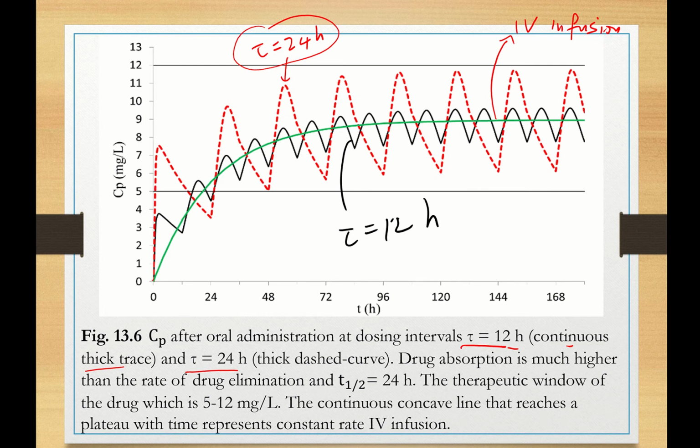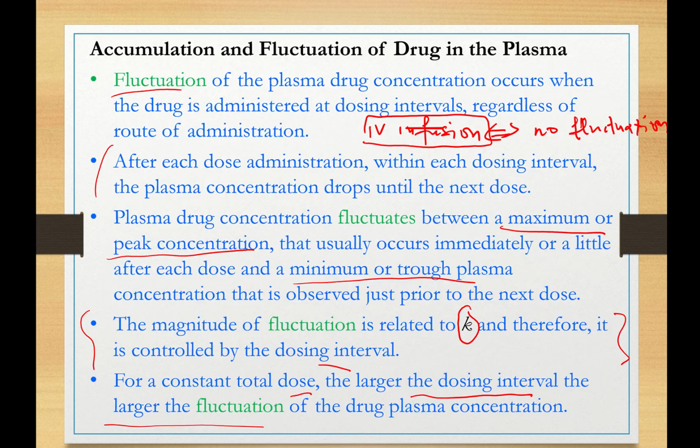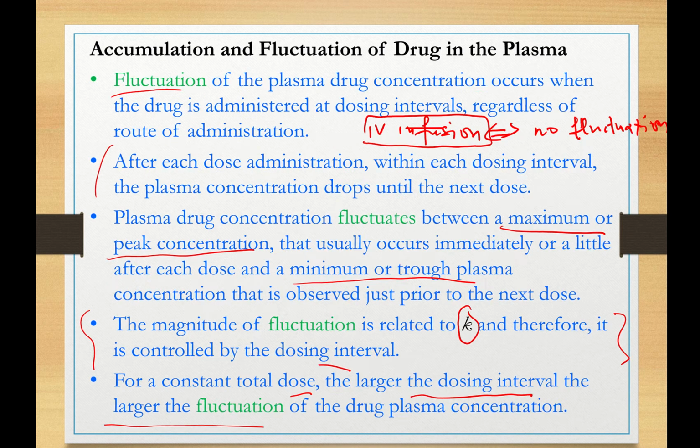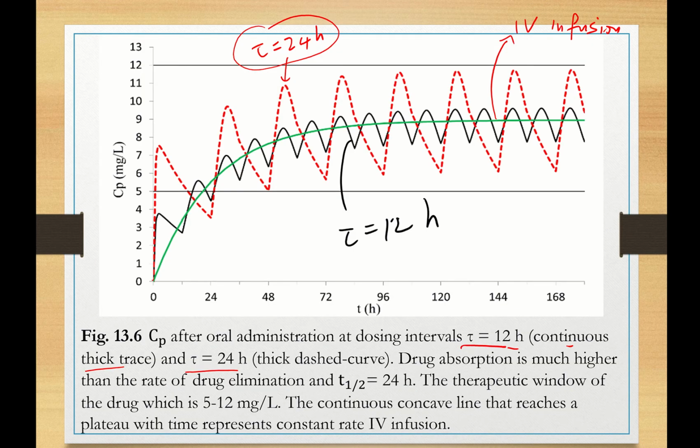Now, what's also important to say is that, as we have stated before, it takes about 5 half-lives to reach steady state. So if we consider here that the half-life of the drug is 24 hours, it would take about 120 hours. I'm just going to draw this line here.